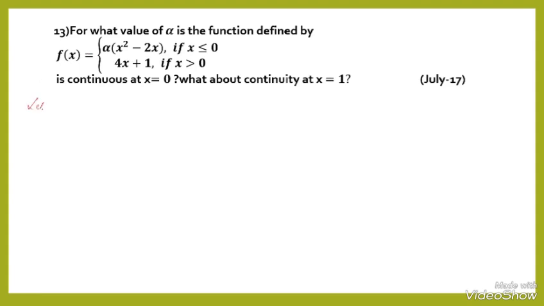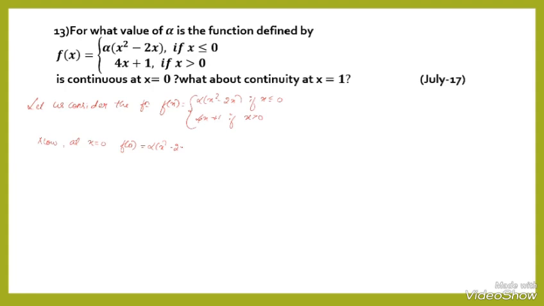Now let us consider the function f of x equals alpha of x square minus 2x if x is less than or equal to 0, then 4x plus 1 if x is greater than 0. At x equals 0, f of 0 will be alpha of x square minus 2x.